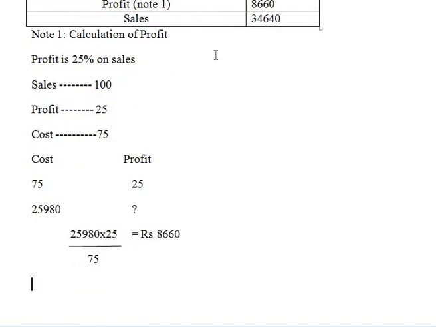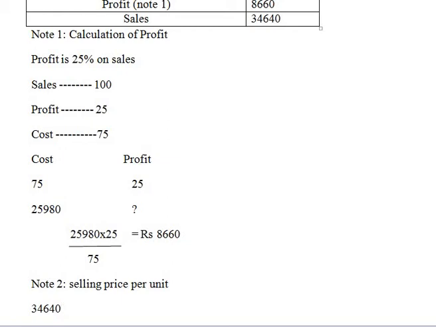So take down the second working note. Note 2, selling price per unit. Now total sales is how much? 34,640, right?